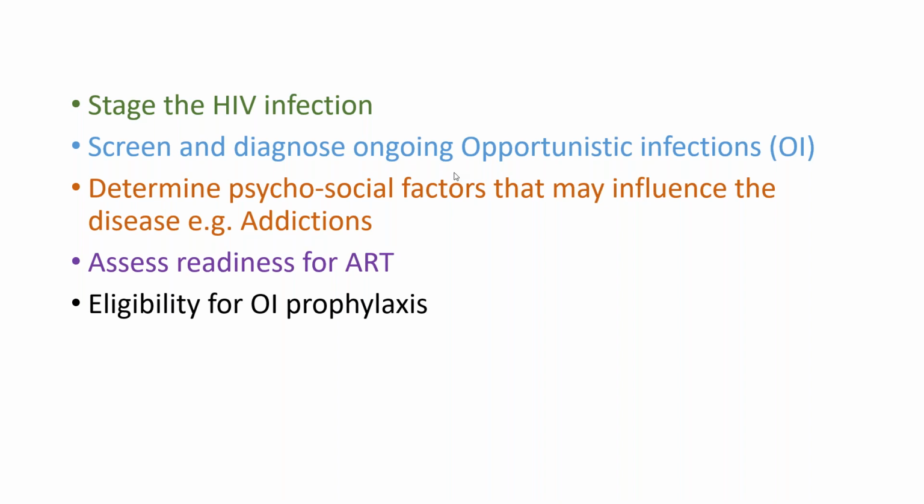And if there is, depending upon the immune suppression in that patient, we need to treat that opportunistic infection very early. We also try to determine psychosocial factors that may influence the disease. For example, the patient may be an active substance abuser or an active injecting drug user. So that may seriously influence the patient's adherence to treatment as well as adherence to clinic visits.